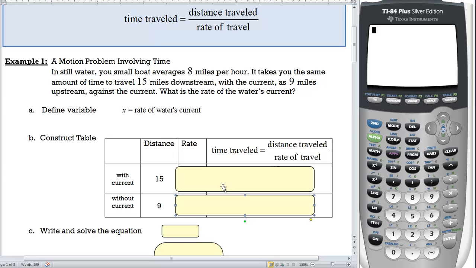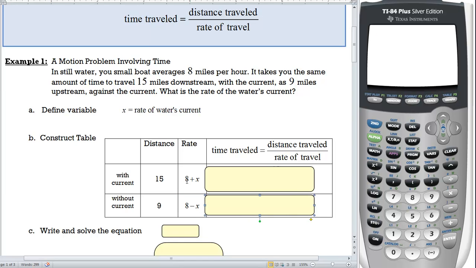My rate, well, this is where the rate of the water's current comes into play with how fast your little boat goes when it's not in the current. So going downstream with the current, remember my boat can go 8 miles per hour, but when it's aided by the current, then it would be 8 plus x. Without the current, I'm fighting it, I'm going against it, so that would be 8 minus x.